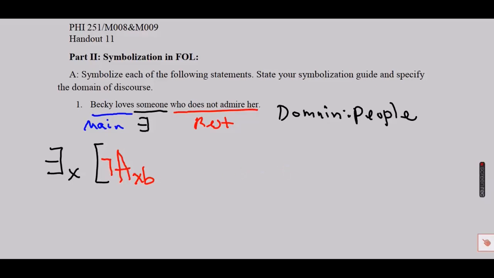X does not admire Becky. That is going to be a restrictor. Then we have an and, connect this to the main, and the main is that Becky loves x. So using L for love, Becky loves x. And the order is important, right? So B goes first, x goes second. And that's the symbolization for this sentence.